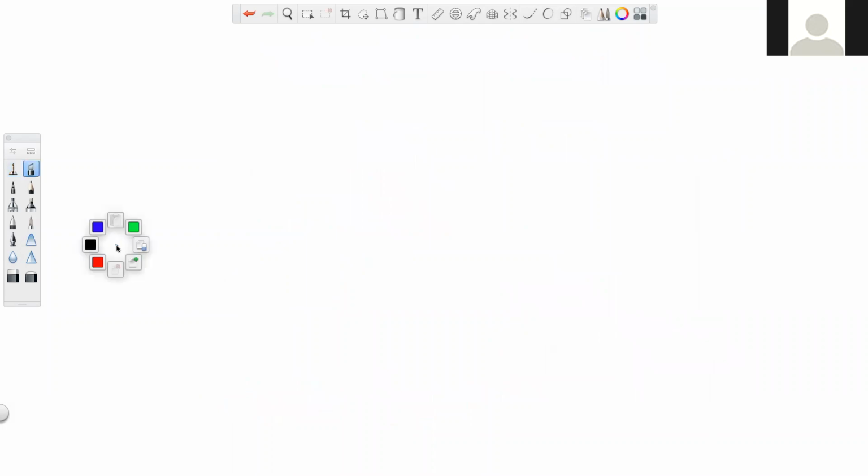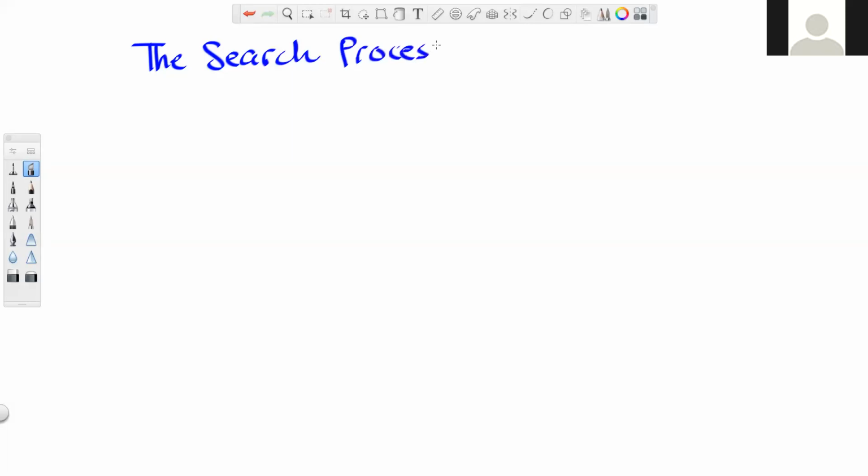We want to talk about the search process more generally, which allows us to say something specific about what makes these search strategies different from each other. Because you will see, even though we're going to talk about half a dozen of them, what sets them apart is something very specific and very sharp and simple. All right, so we're going to do this first.